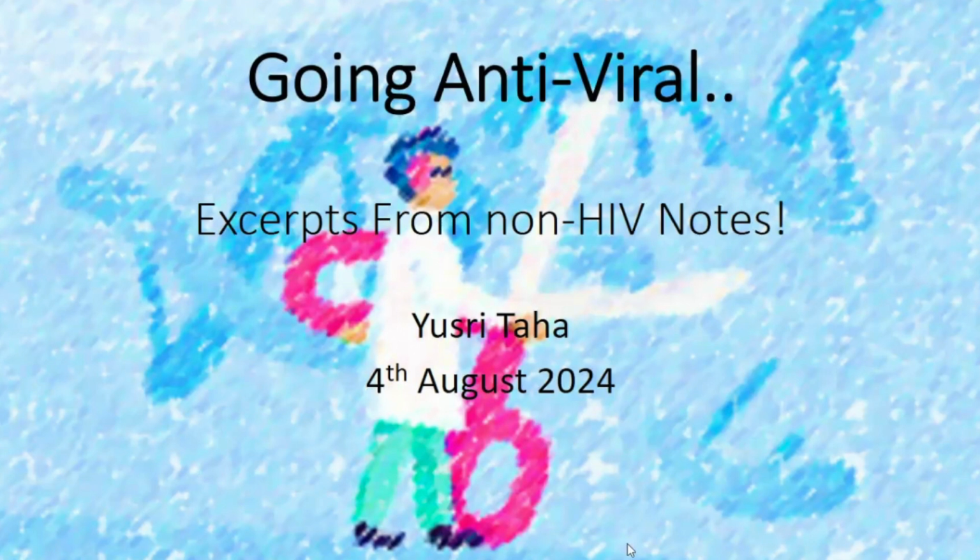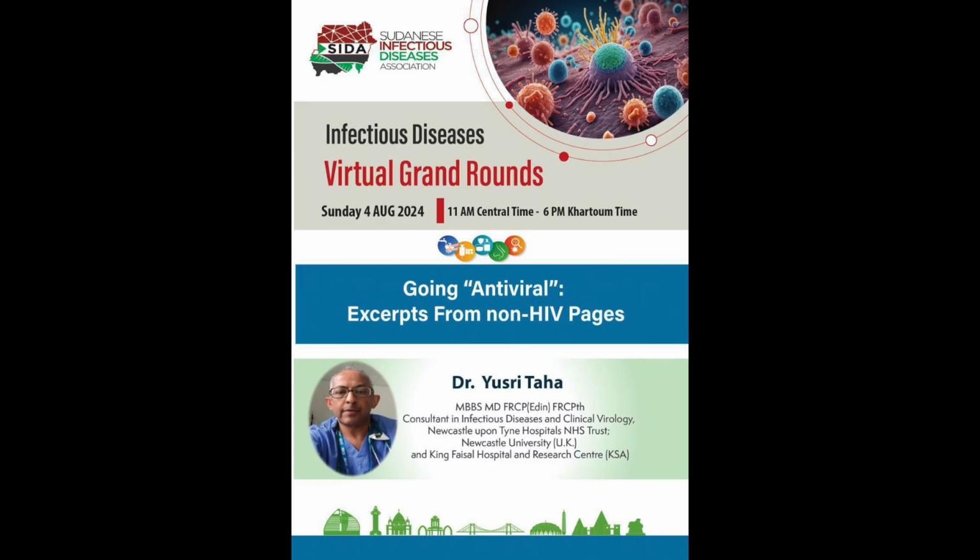In Newcastle, we have been using viral load as well to quantify the virus in the cells, and we try to control it with a housekeeping gene to know how many cells were there.